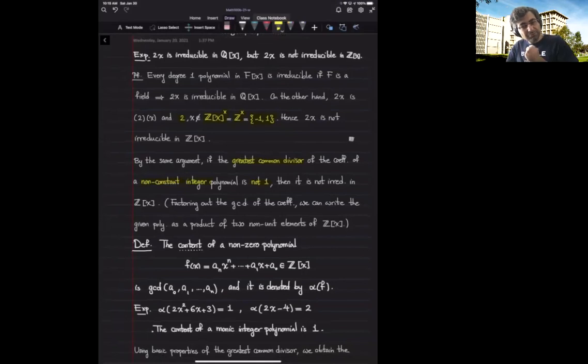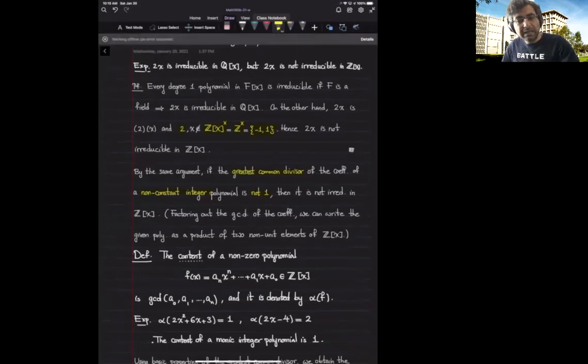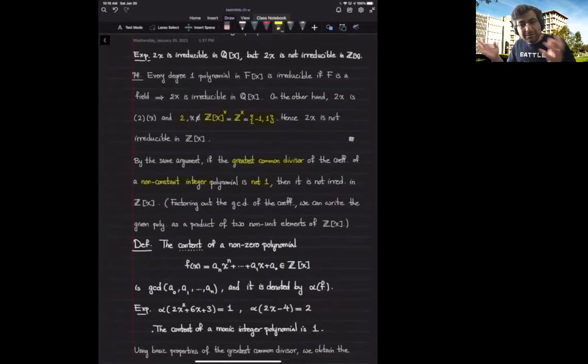Essentially, I can factor out this greatest common divisor and write down my polynomial as a product of this integer, which is not plus or minus 1, times a polynomial of degree at least 1. And neither of them are units inside Z[x]. Therefore, such a polynomial cannot be irreducible in Z[x].